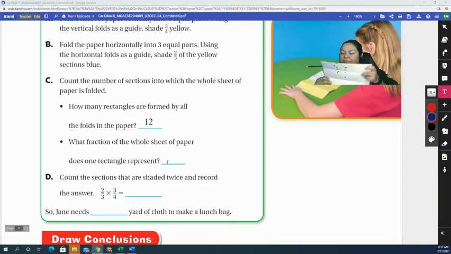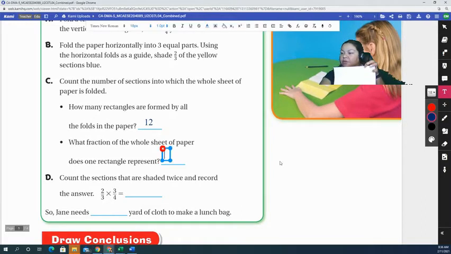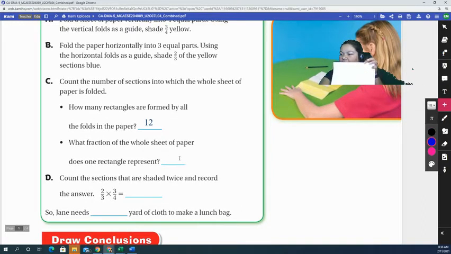So we have 12. And if I'm only using one of those 12, then my fraction is 1/12. So I'm going to write here in my book 1/12.